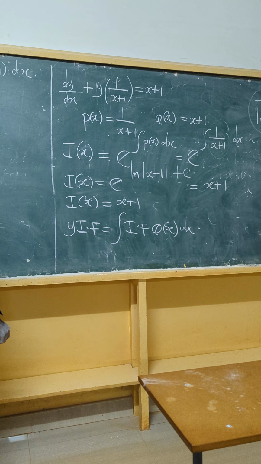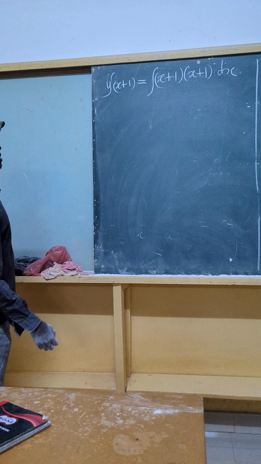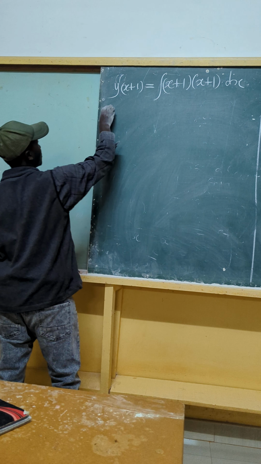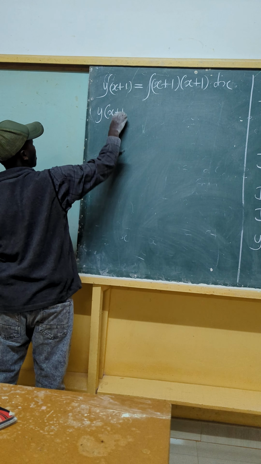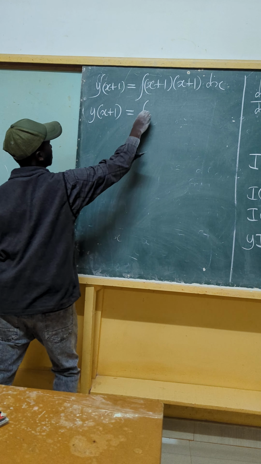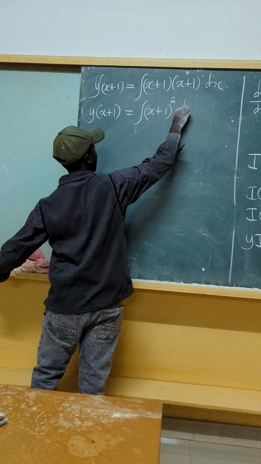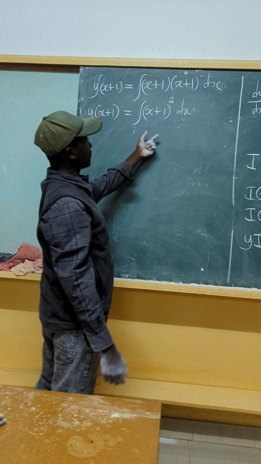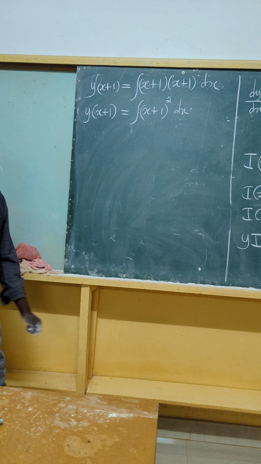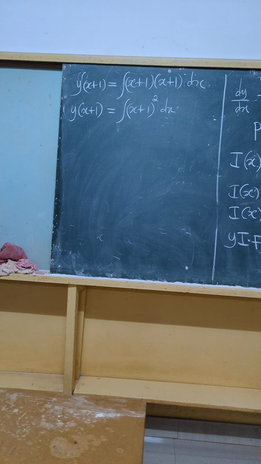That's what it means. So now you have y(x plus 1) equals the integral of (x plus 1) squared dx. To deal with this, you're going to use u substitution to integrate that part.